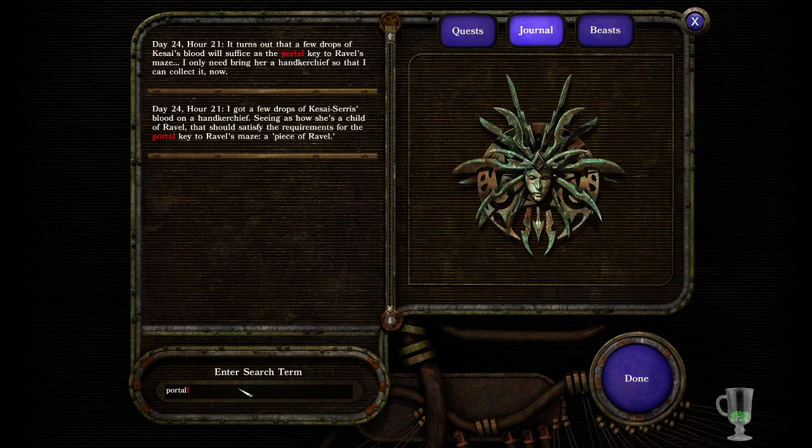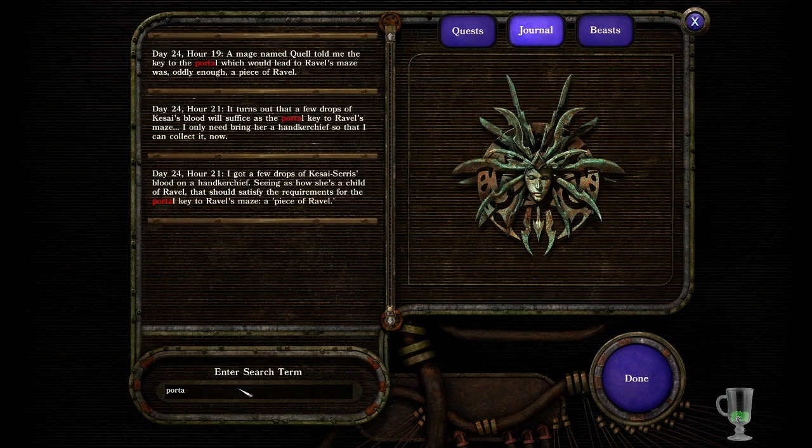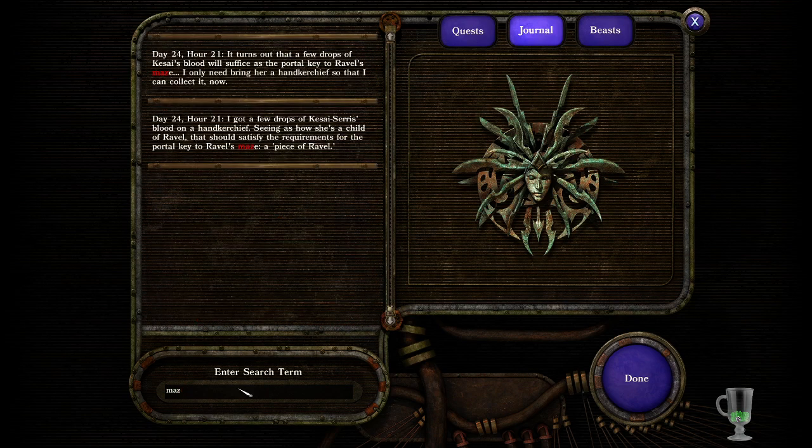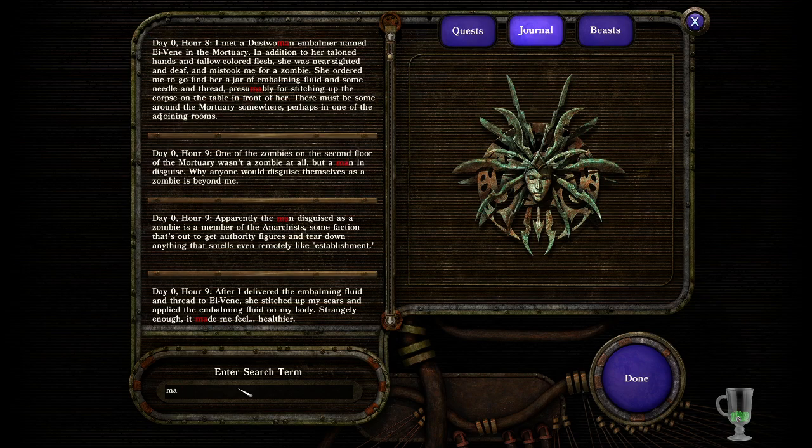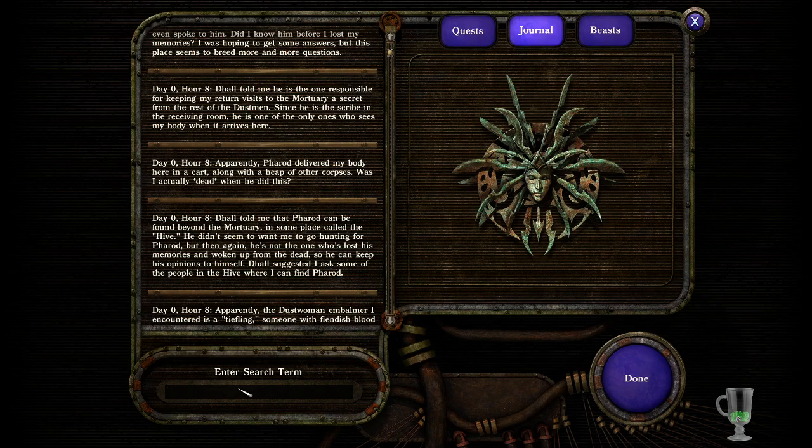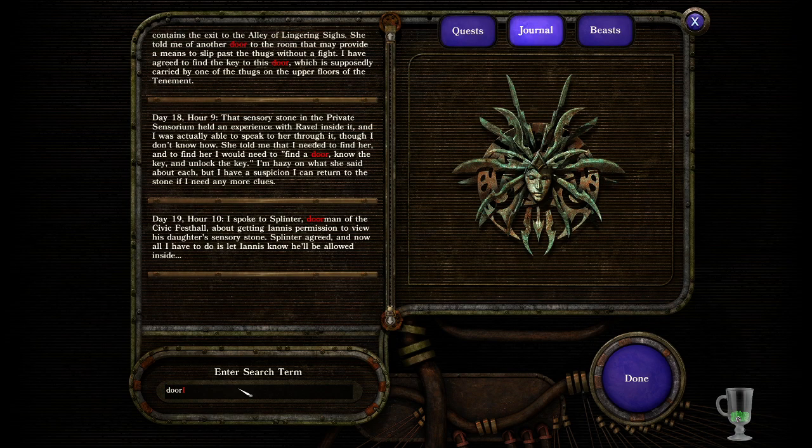Portal. Turns out a few drops from key size will suffice as the portal key. Portal key to the Ravel's maze. Maze. Door.